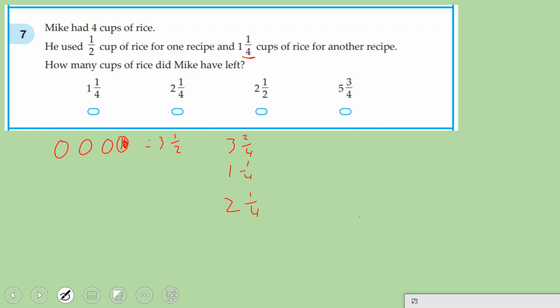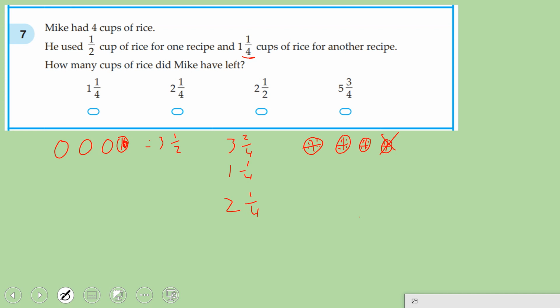And if I want to show it all pictorially, it can be done like this. Here's my 3 2/4. And I'm taking 1 1/4. So I'm taking this quarter away.